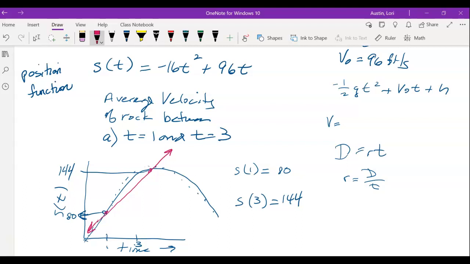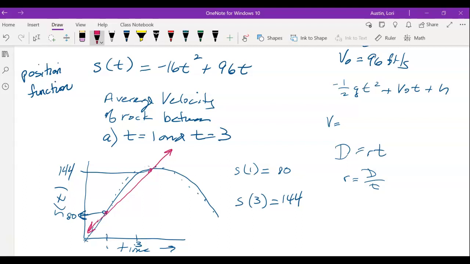To get your average velocity, we're going to start with something you're very familiar with. All you're going to do is find the slope, right? Because slope is change in y over change in x. Change in y is the distance it traveled. Change in x is the time it took to travel that distance. It's just slope. All right, so let's find the slope between those 2 points.